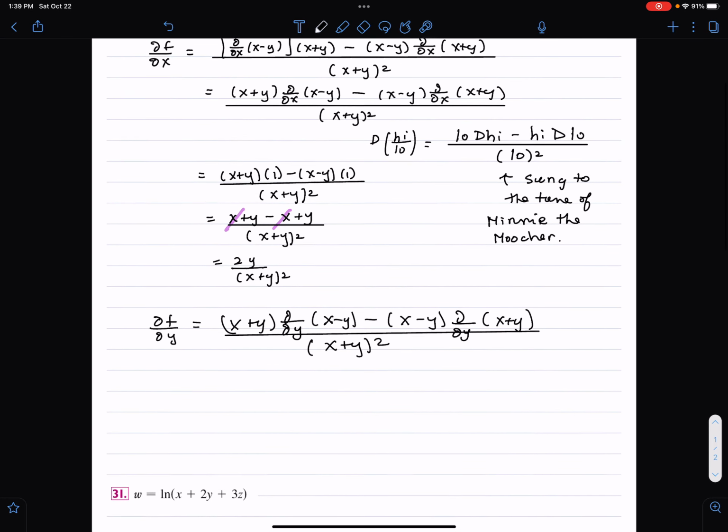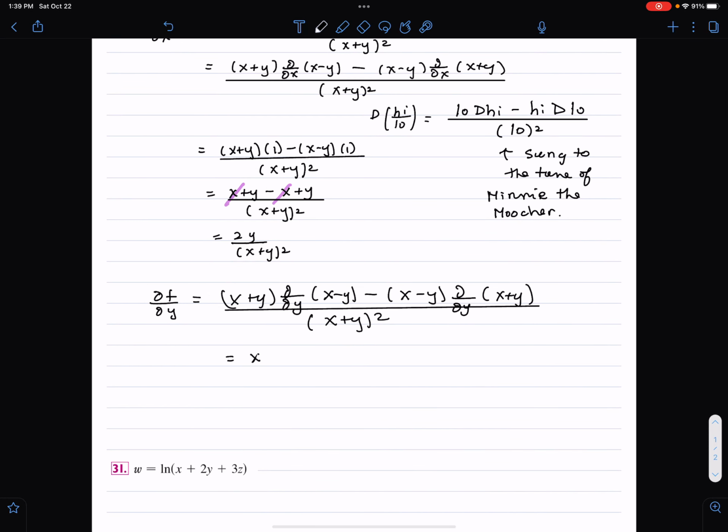So, okay. So this is x plus y, and the derivative of x minus y with respect to y is -1. X minus y, the derivative with respect to y is 1. So apparently this is negative x minus y minus x plus y. And there we have cancellation of those two.